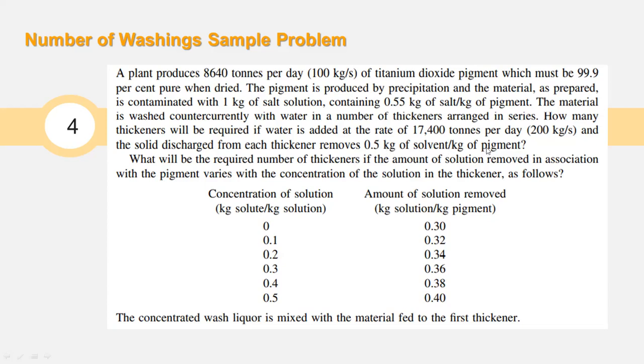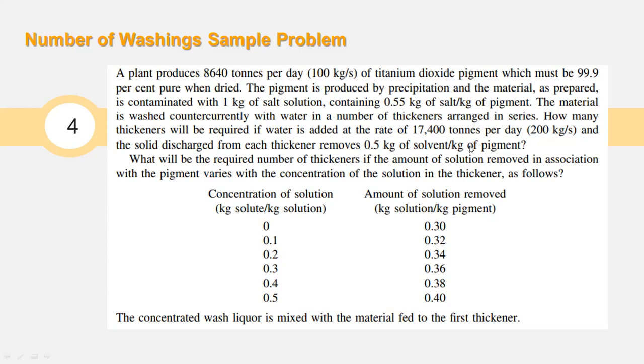So since this is fixed, the first scenario here is a constant underflow problem, requiring the number of thickeners. Because of this, from each thickener, the removal of the solvent is already fixed, based on the amount of pigment processed by a particular thickener.